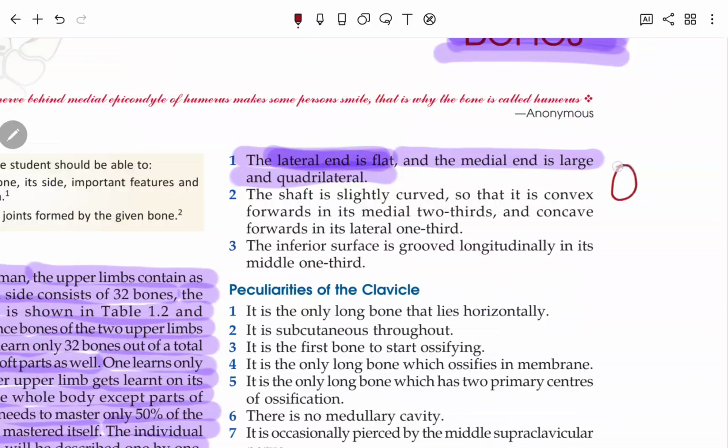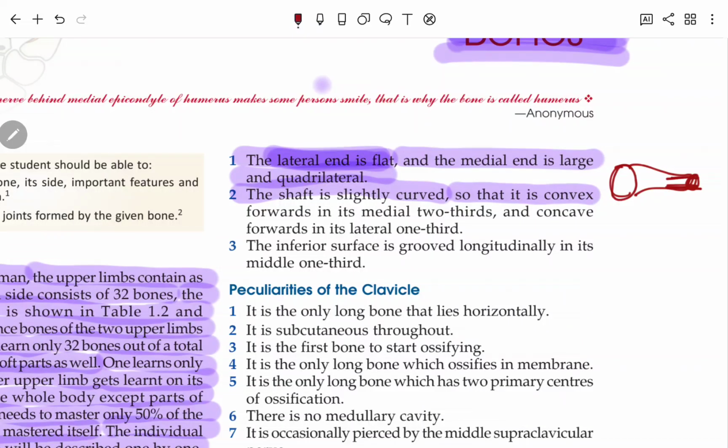This is the broad part, and here it's going flat, that's lateral. The shaft is slightly curved so that it is convex.